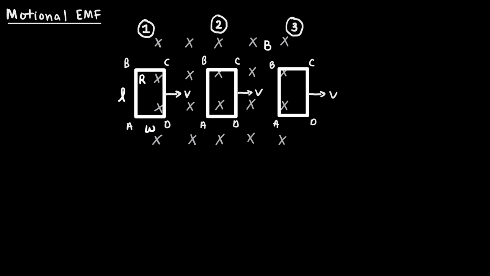We'll start by looking at location number 1, where the conducting square is starting to enter the region where the magnetic field is. At location number 1, if there was an electron here in this conducting square, in what direction would it feel a force? The velocity of that electron is to the right because the velocity of the conducting square is to the right.